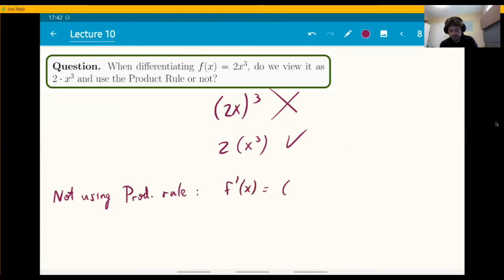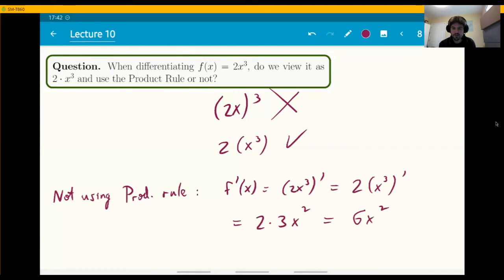The 2x cubed prime without using product rule. I had told you already, you can view this as a constant times a function, and the constant can come outside of the function being differentiated. And now you just compute this derivative, 2 times 3x squared. So that's 6x squared. So this is what we already knew, how to differentiate this.